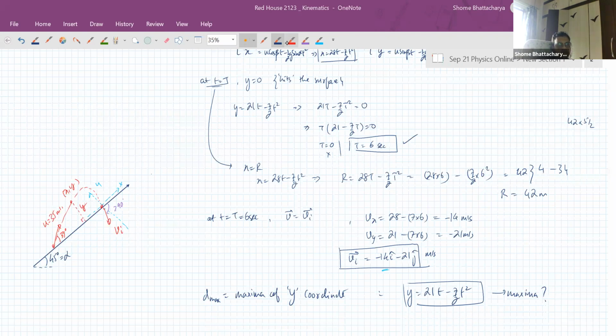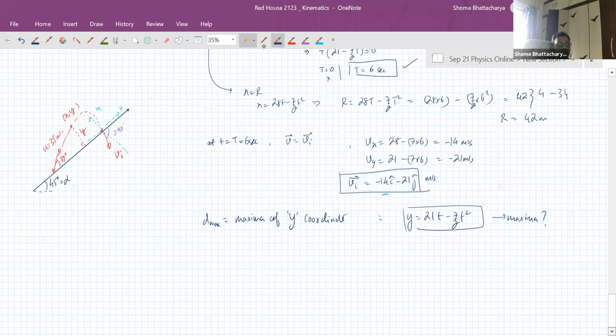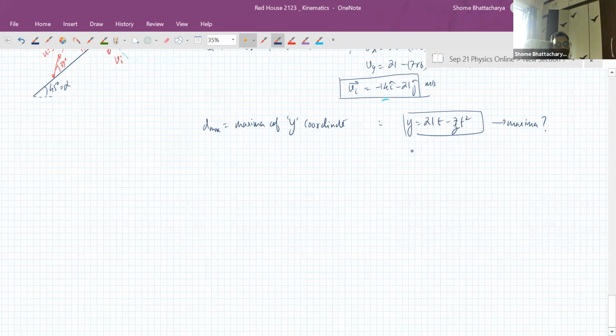Yeah, Adinath, I'll verify your answer. I think it's correct, 31.25. Okay. So you see that if you just factorize this, this is t times 21 minus 7/2 t. So you can see that this is again that parabolic kind of shape.